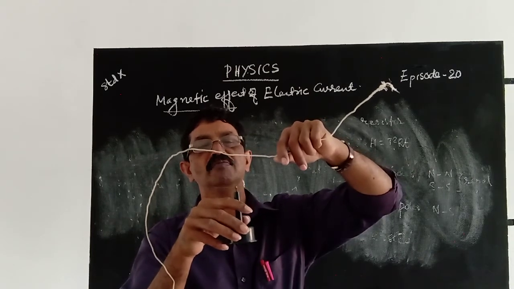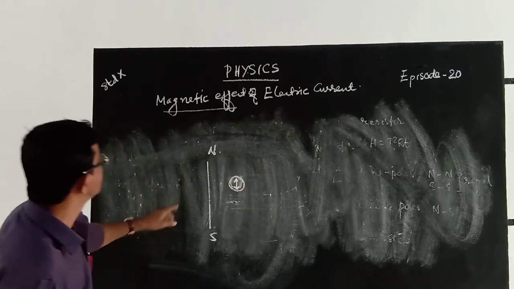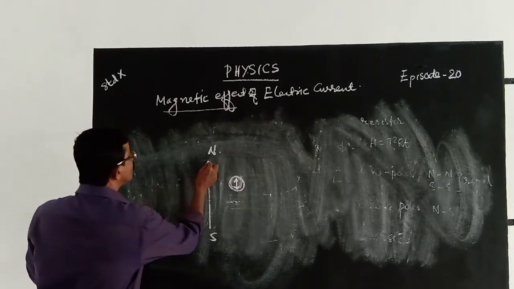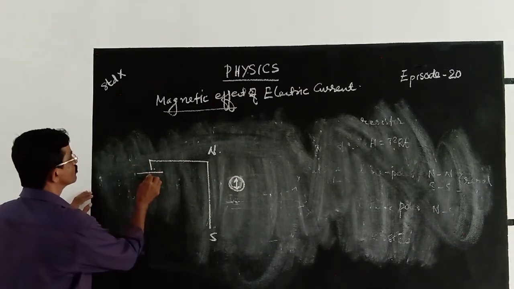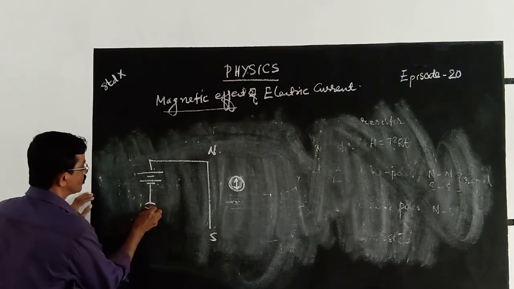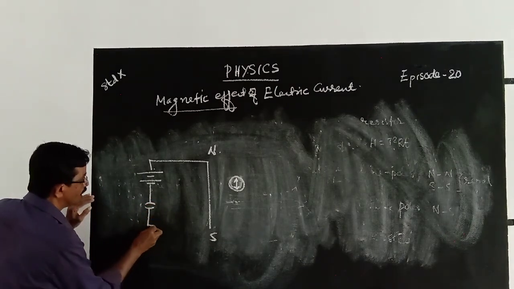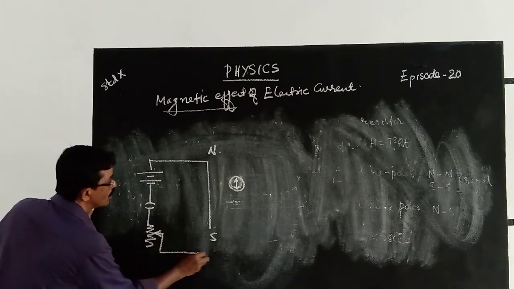Now these are in the same direction. To this we can connect a battery and plug a key, and a rheostat to regulate current.